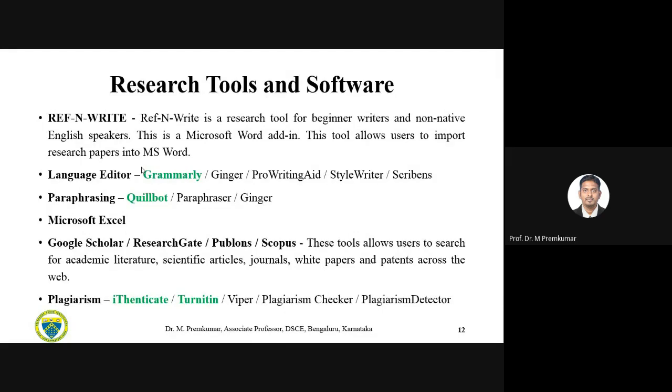Maybe it is costly, but if we have it, you can obviously avoid plagiarism. Suppose you submit papers with plagiarism, the journal may ban you for 3 years, or completely ban you from submitting or publishing papers in that journal. They may take some kind of legal action also. So this is my advice: before submitting a paper anywhere, even to a conference or journal, check the plagiarism and then upload your papers.